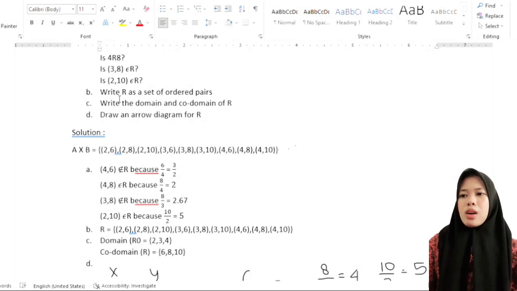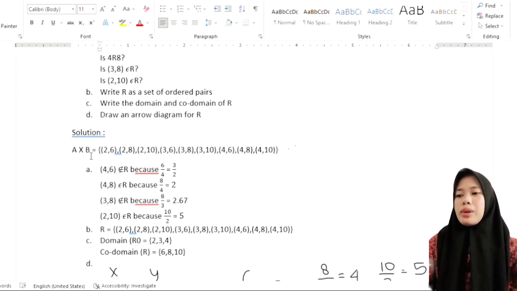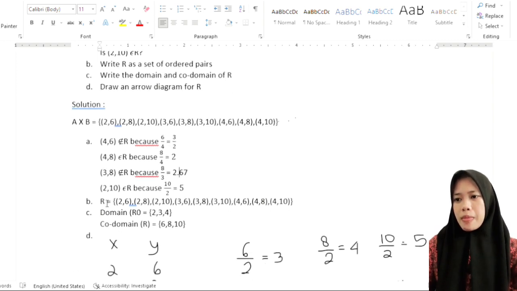Okay, letter B. Write R as a set of ordered pairs. So just like what we did for A and B, we are just going to replace A and B with R. So R is equal to (2, 6), (2, 8), (2, 10), (3, 6), (3, 8), (3, 10), (4, 6), (4, 8), (4, 10).